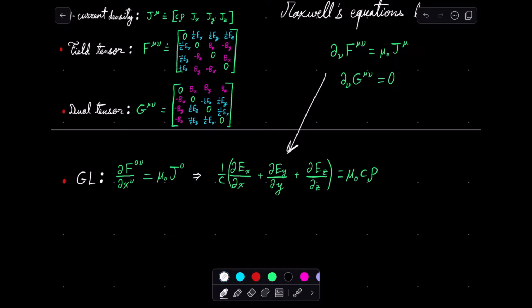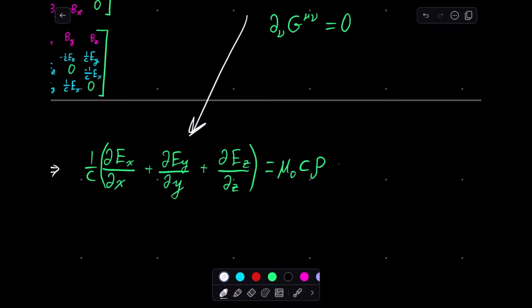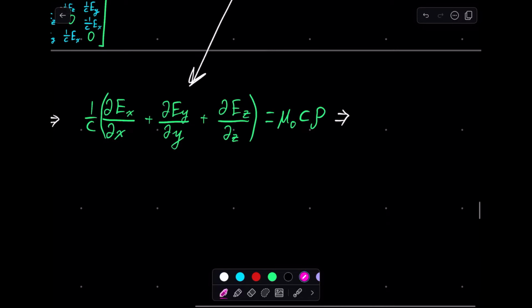And this just implies that the divergence of E is equal to 1 over epsilon naught rho. How did I get the 1 over epsilon?